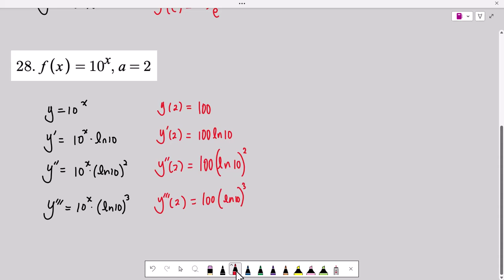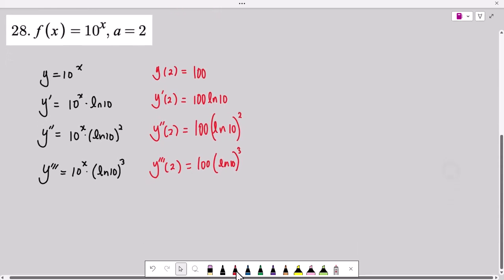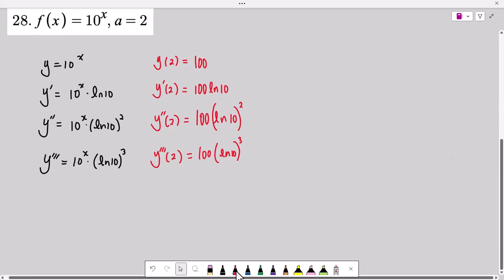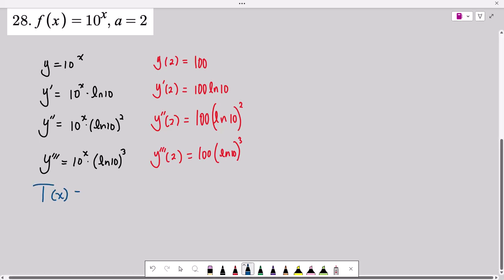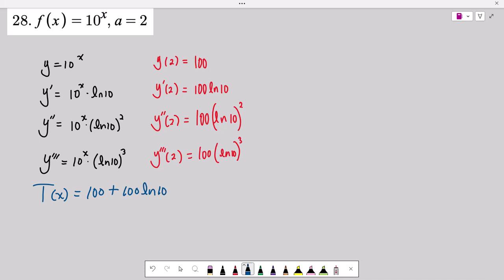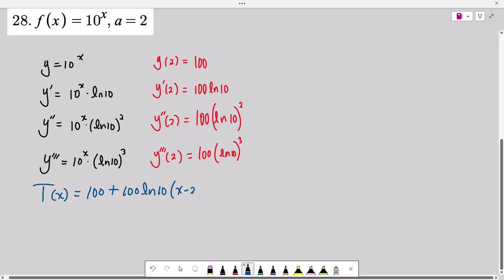All right. So our T of x, our Taylor series pattern, we see it pretty well, I think. So it's 100 plus 100 natural log of 10, multiplied by x minus center, so x minus 2. So there's the tangent line.